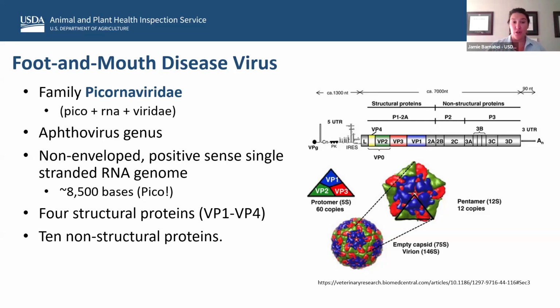It's composed of 4 structural proteins, VP1 through 4, and VP means viral protein. And then we have 10 non-structural proteins. When you look at these images on the right-hand side of the slide, you're going to see them pop up a few more times while we talk about the practical implications for understanding some of the virology.